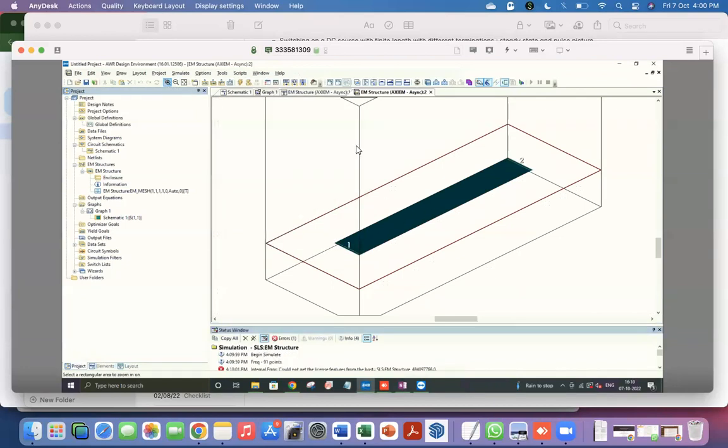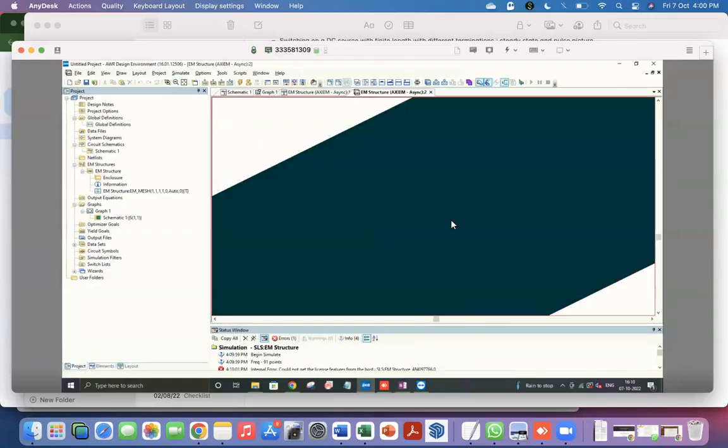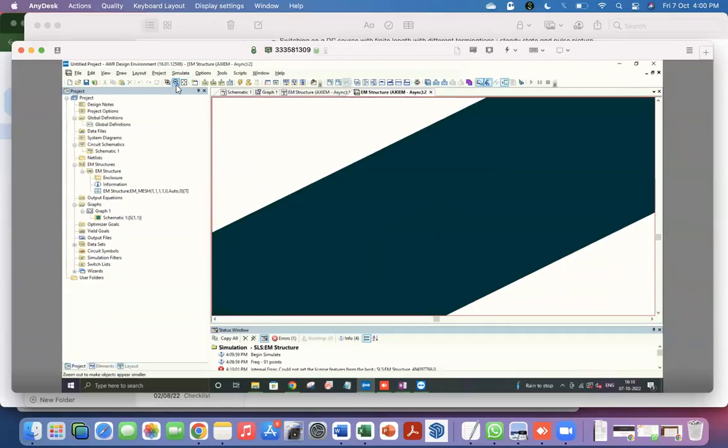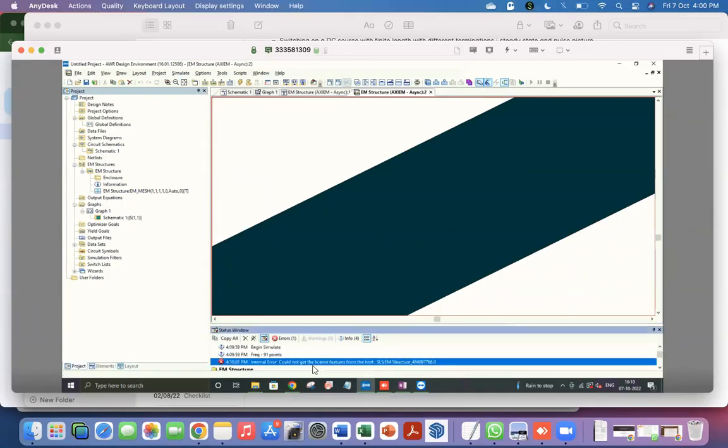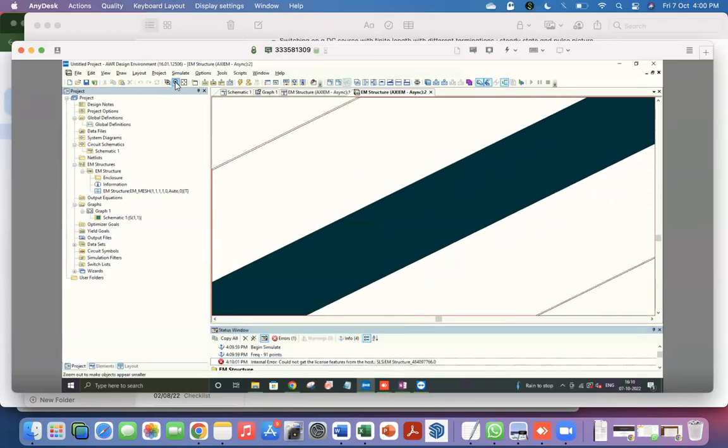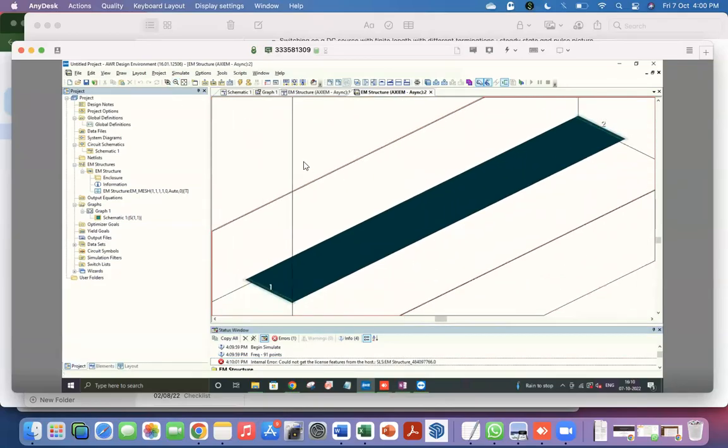It has probably thrown some error. Let me see. Okay, I'll show you this next time. I think there is some license feature issue. That's strange. But essentially what it would have shown here is how it has broken up this rectangle into small polygons, and that's how it solves it.